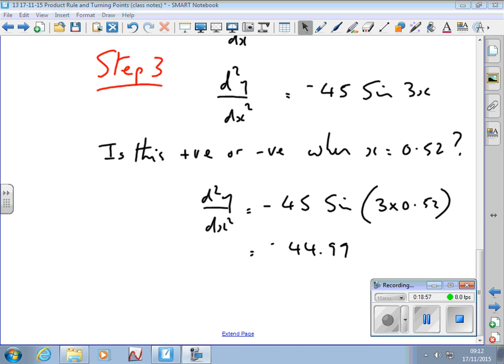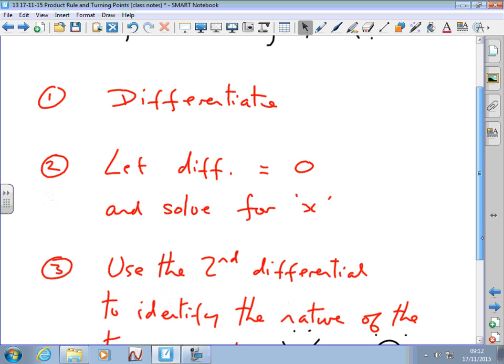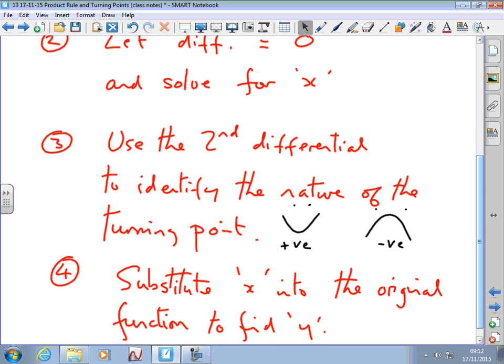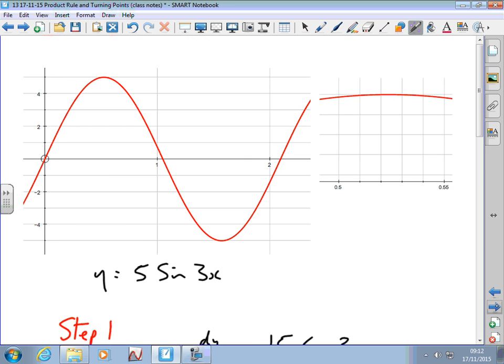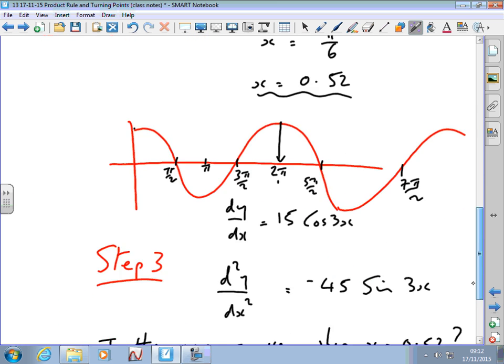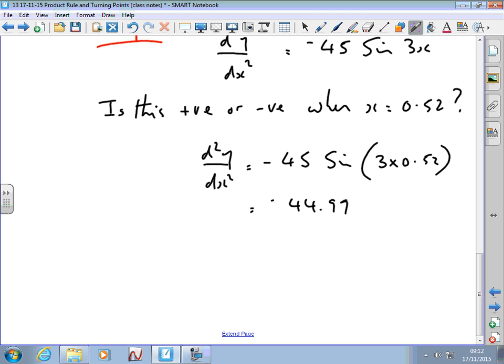And if we look back at our list, negative is associated with a maximum. Because the second differential is going from a positive gradient to a negative gradient, so it's going negative. So this is associated with a maximum.